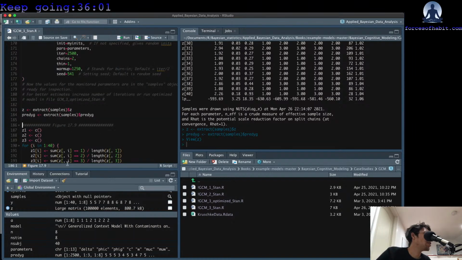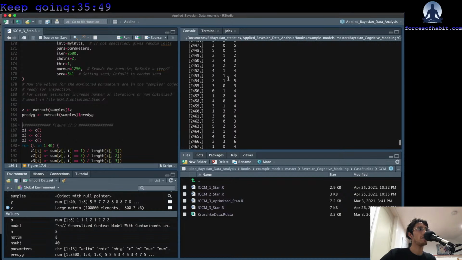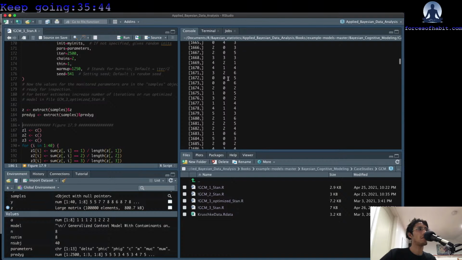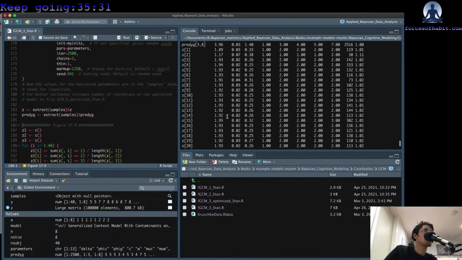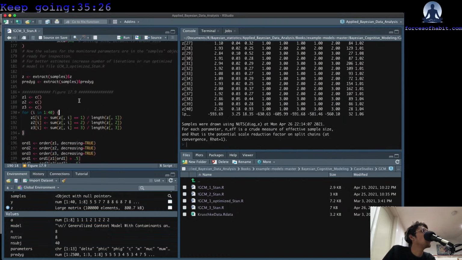And then pretty G, print all of them. Is all of the predictions. Nice. All the predictions for each subject or for each sample.